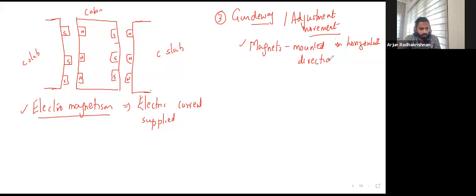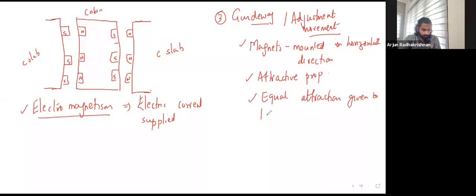Magnets are mounted in the horizontal direction, and we make use of the attractive property. Here, equal attraction is given to both sides.